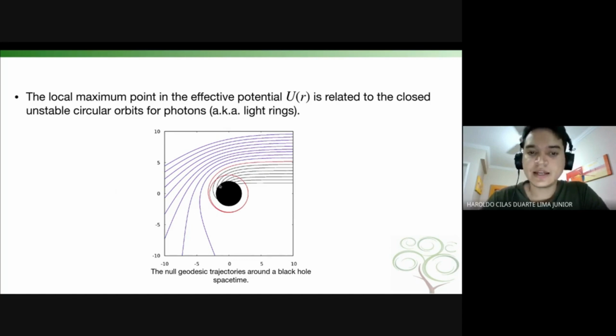Meaning that with any perturbation here, the photon tends to either escape to infinity or fall into the black hole. If we decrease even more the distance between the black hole, the scattering center, and the initial direction of the light ray, the light rays are going to be absorbed by the event horizon. So this region here, which is delimited by this red curve, constitutes the edge of the shadow of the black hole, the shadow region of the black hole.